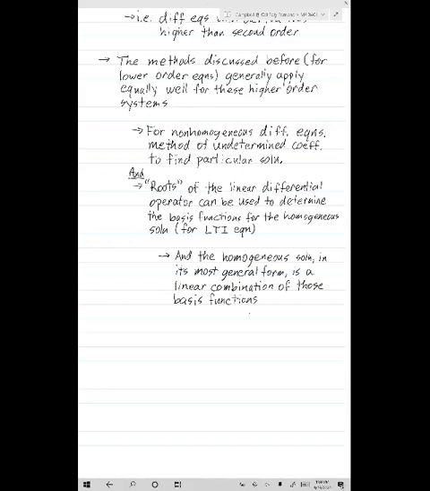For the characteristic equation approach, we can use the method of undetermined coefficients to find the particular solution at any point when we want to.